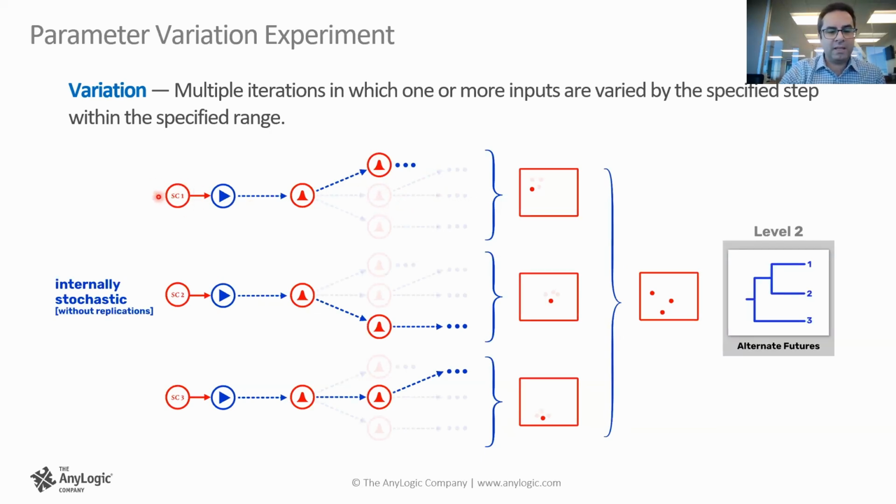For example, let's say we have a factory and we want to see what our throughput is if we have one forklift, two forklifts, three forklifts. If I run the model with one forklift, it shows me the throughput could be 100 units per hour, for example. So that would be one path, and that would be the result. I can run it with two forklifts, and now it says 200 units per hour, and with three, it might be 150.